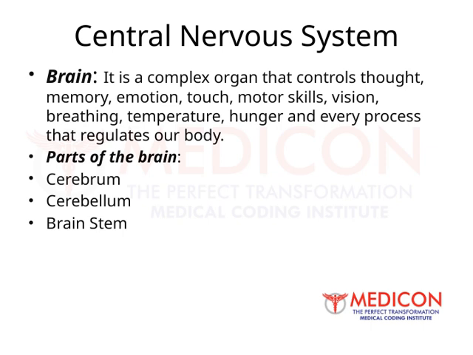Now, within the brain itself, there are key parts that each have their specific roles. The cerebrum, for example, is the largest part and is crucial for thinking, reasoning, and voluntary movements. The cerebellum, located at the back of the brain, helps coordinate our balance and fine motor skills.